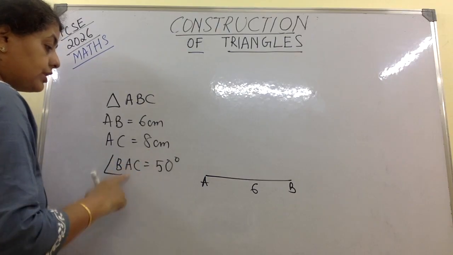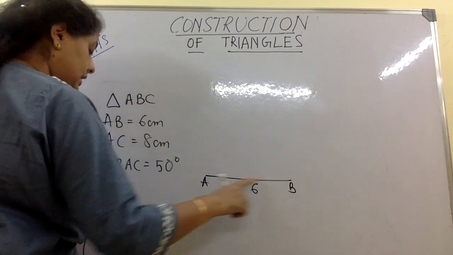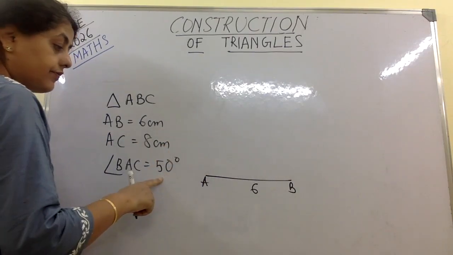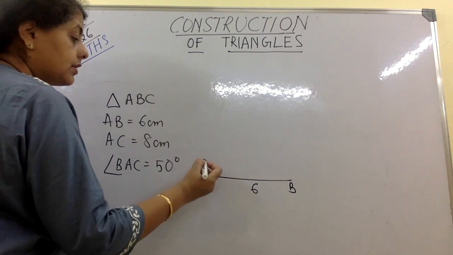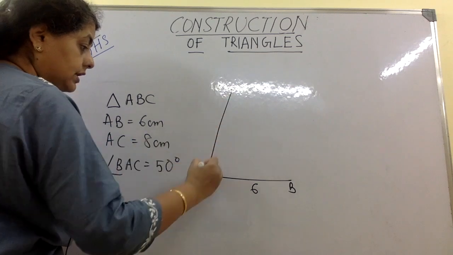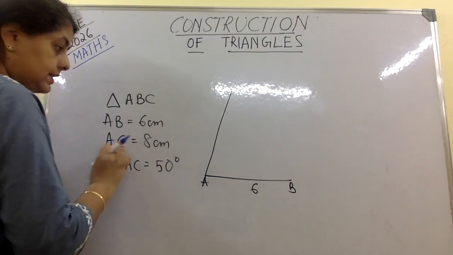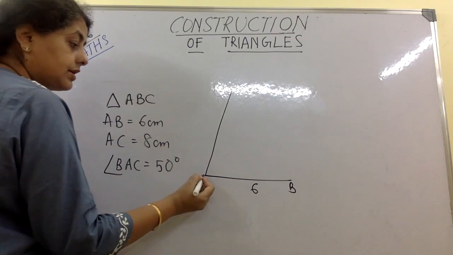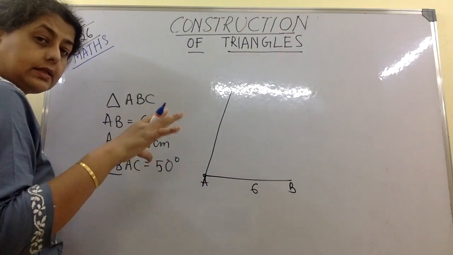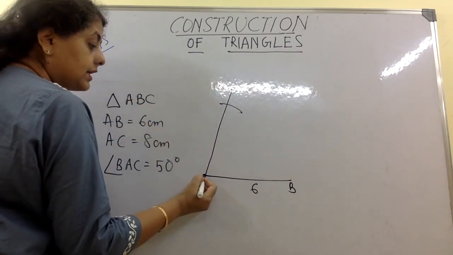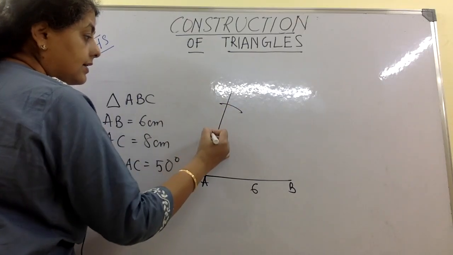Now what I will do is angle BAC, see this angle over here is a 50 degree. So what you do, take a protractor and make a 50 degree line, make it a little long. Now AC is 8 centimeter. Take a radius of 8 centimeter in your compass and, making this as center, cut an arc at 8.